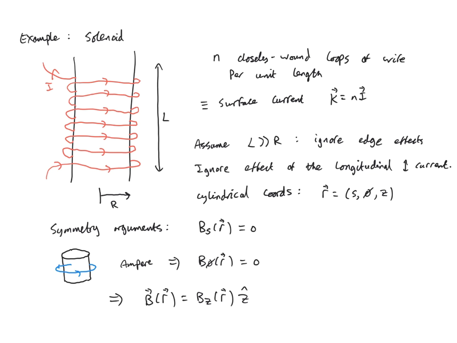Okay, so how can we actually work out what this Bz of s is, the actual magnitude of the magnetic field? Well, we're going to use Ampere's law. Let's just sketch the system again. We have something like this. Let's consider making an Amperian loop outside of the solenoid entirely.